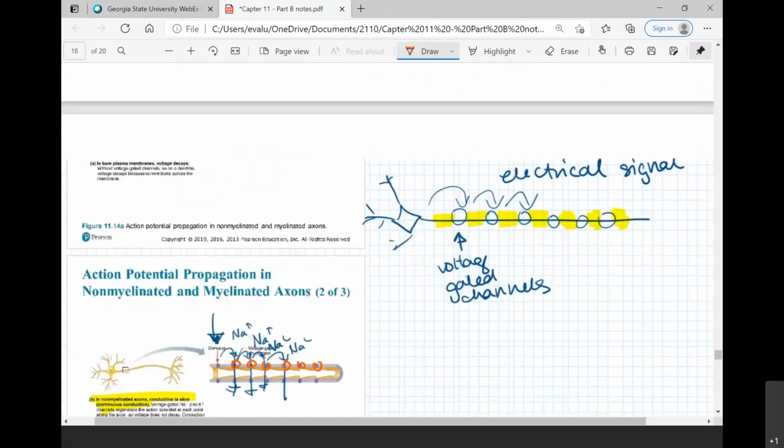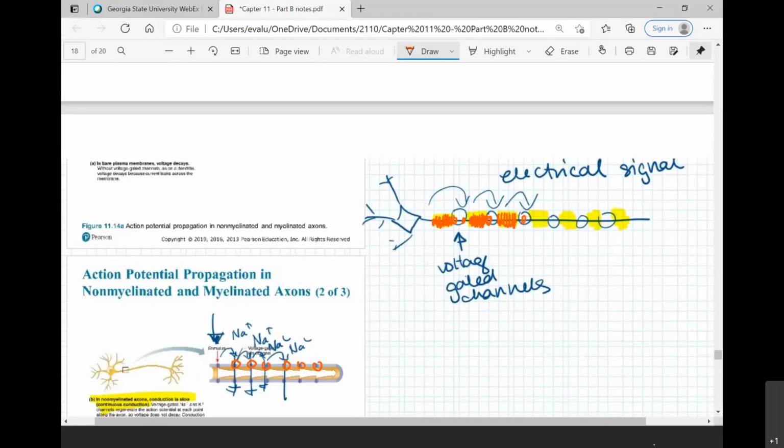So basically what will happen is rather than having a sodium channel here, here, and here, the myelin is wrapped around this whole section, so your sodium channel can only be here. Then this whole thing is wrapped, and you only have a sodium channel here.